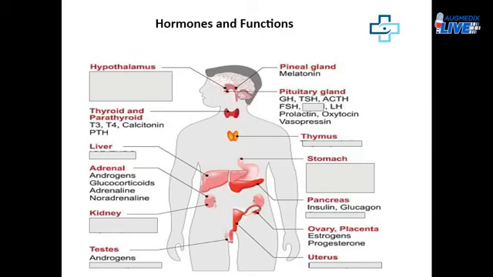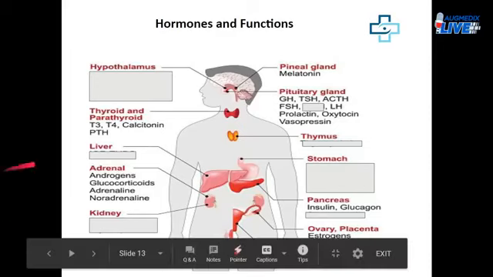Adrenal gland releases adrenaline and some steroids. In pre-ST, we are going to go into more detail, but for now, you just have to remember adrenaline. Thyroid releases thyroxine, and these are the three important hormones you have to remember: T3, T4, and calcitonin.